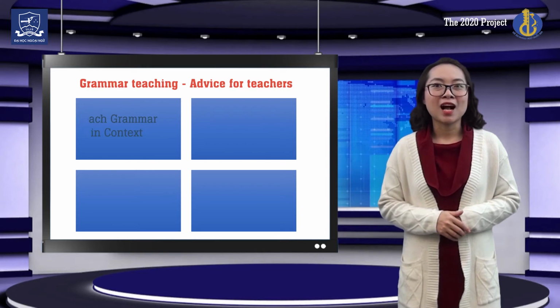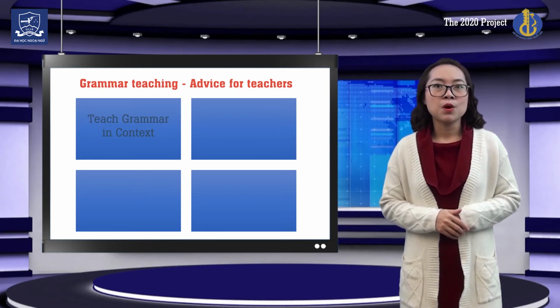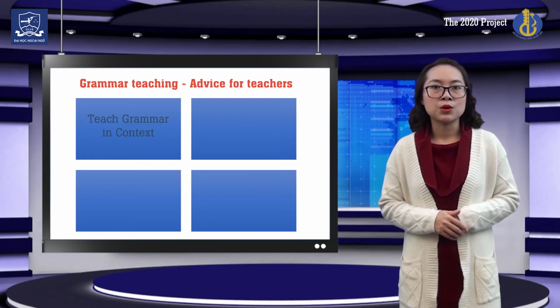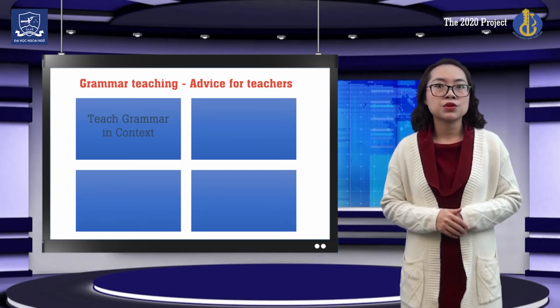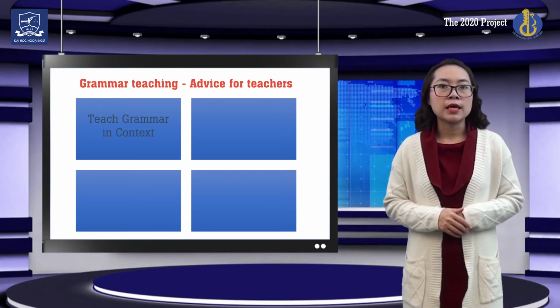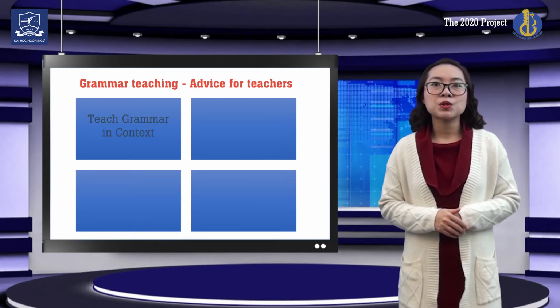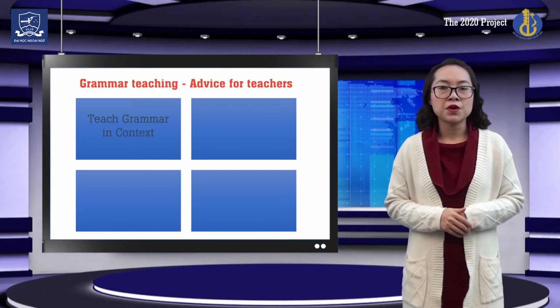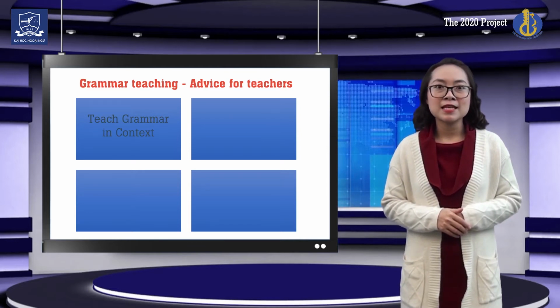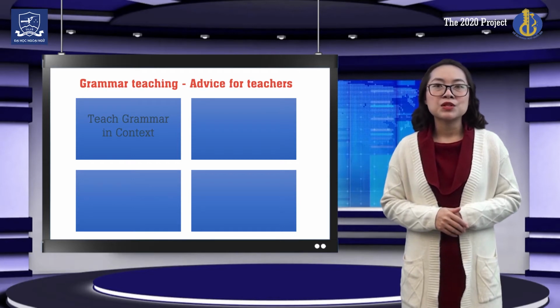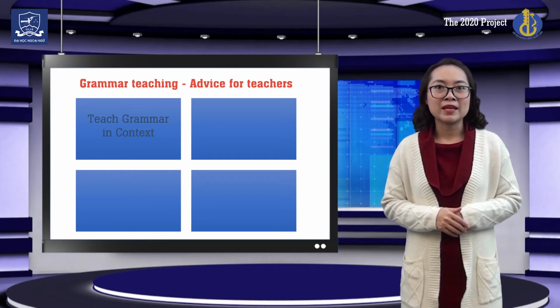Teach grammar in context. One of the most important things to do if you are looking for more interesting ways to teach grammar is to teach it in context. When students see grammar in context first, through a game, a story, an activity, or just frequently hearing it used, it lets their brains work a little bit to intuit the meaning before you formally explain it.